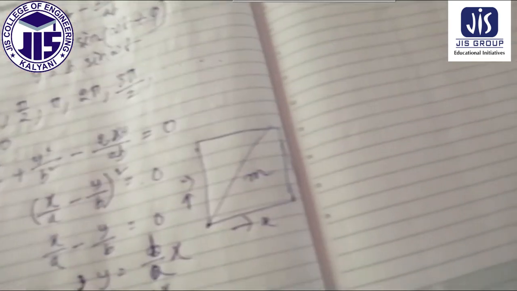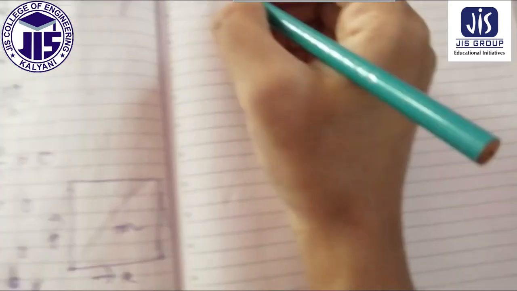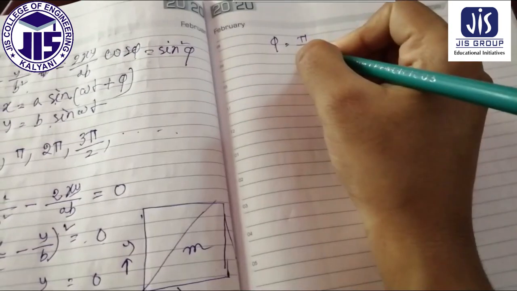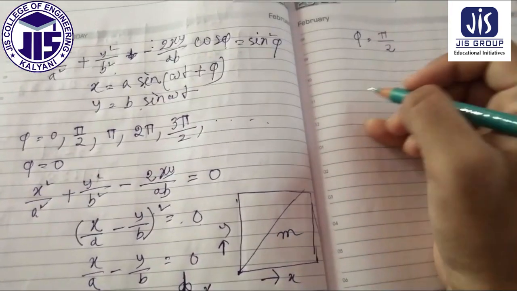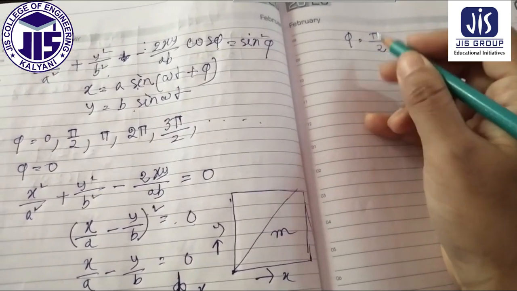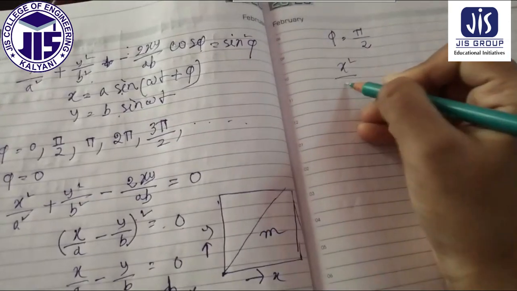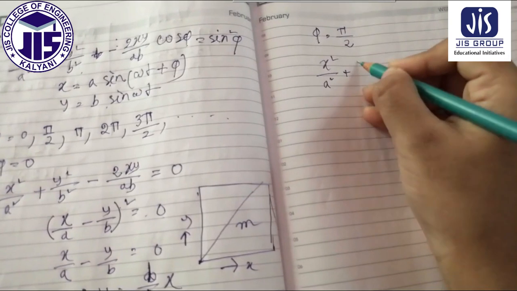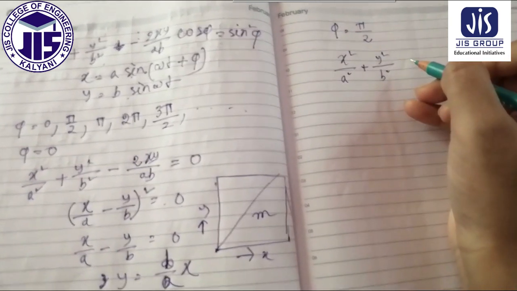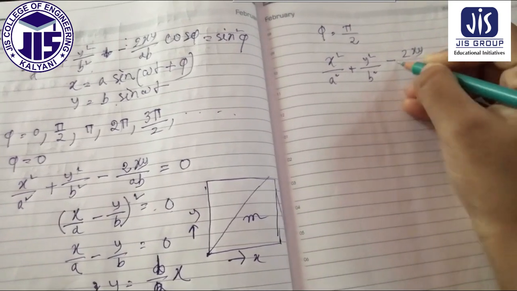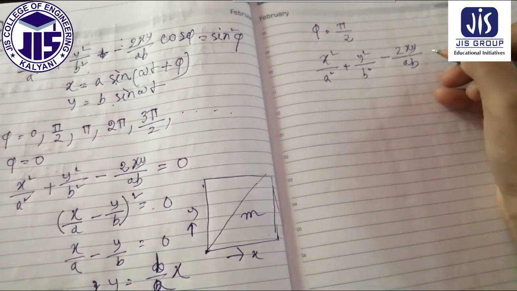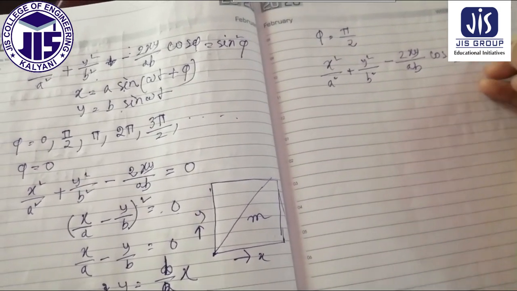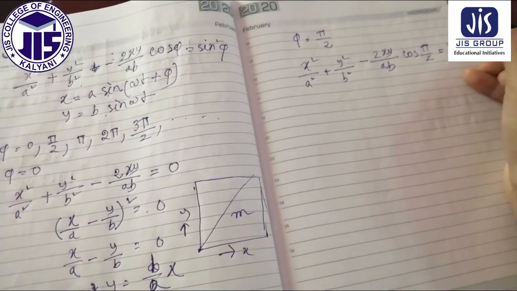Now if we go for phi equal to pi by 2. In the final equation, we are putting x square by a square plus y square by b square minus 2xy by ab cos of pi by 2 equal to sin square pi by 2.